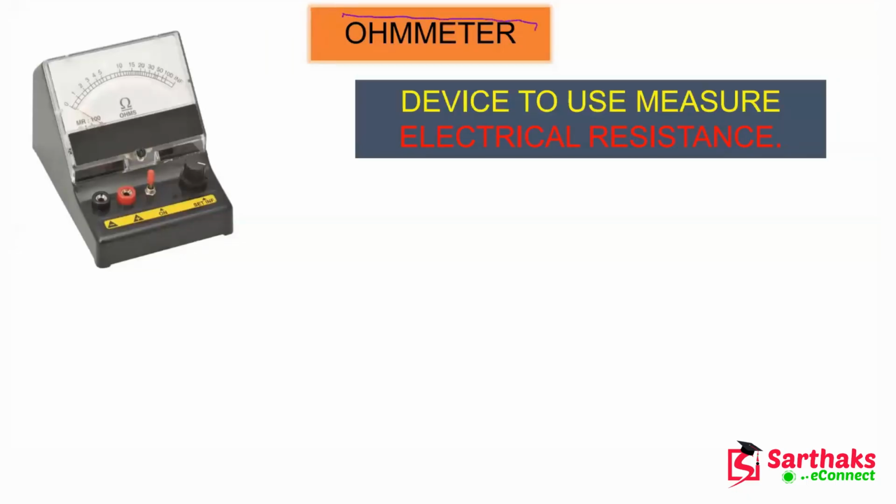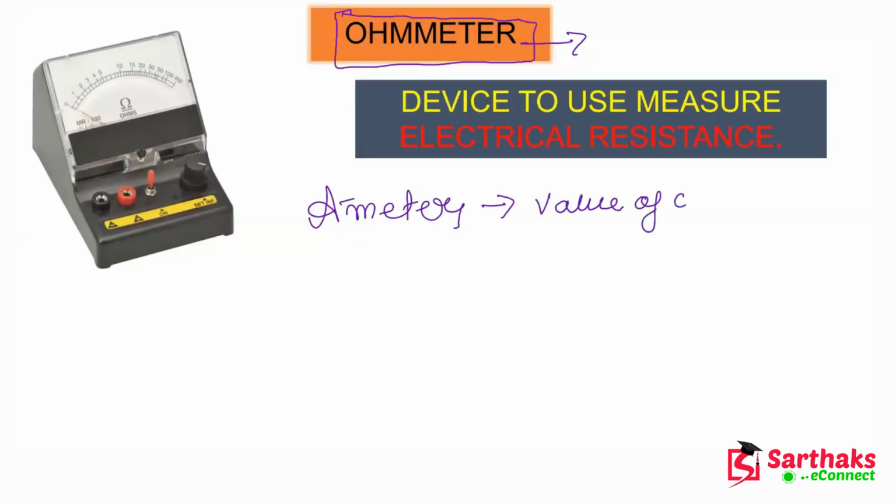Now, guys, this is an ohm meter. And what is an ohm meter? It is just like the ammeter and the voltmeter. In the case of an ammeter, we used to measure the value of current.